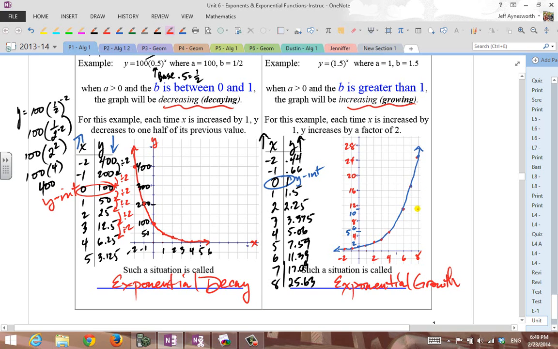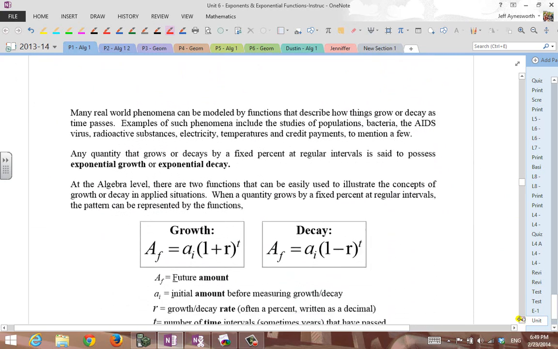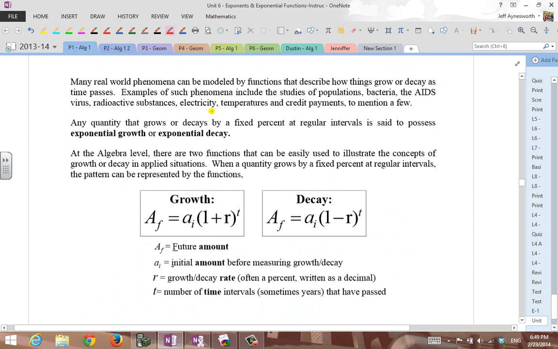Notice they look totally different, the difference between a decay function and a growth function. Now, how they're applied, that's what we need to talk about. So let's take a look at our first example here. Go ahead and turn the page. Many real-world phenomena can be modeled by functions that describe how things grow or decay as time passes.